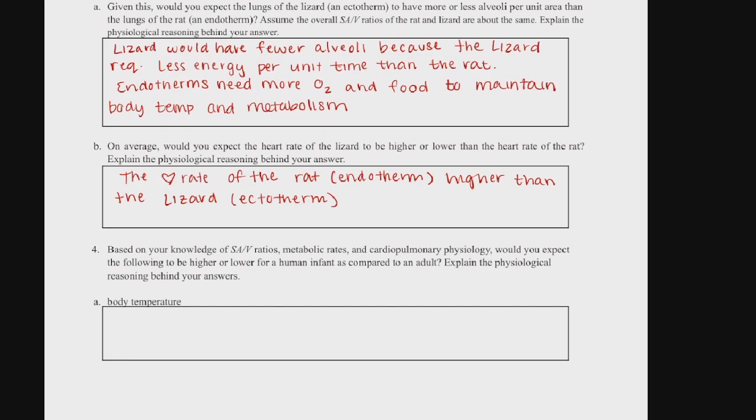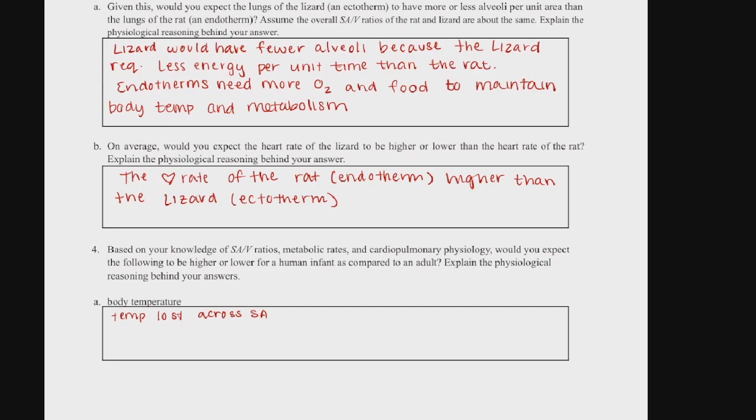Body temperature. So body temperature, how do I explain this? Okay, so we have a hotter temperature than the environment. Typically, temperature is lost across surface area. So we'll say temp across surface area.